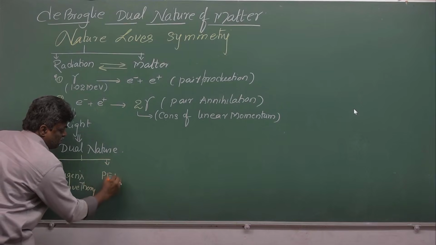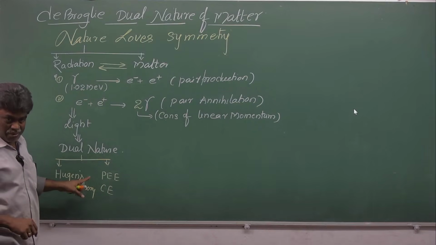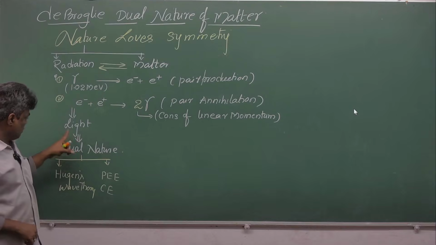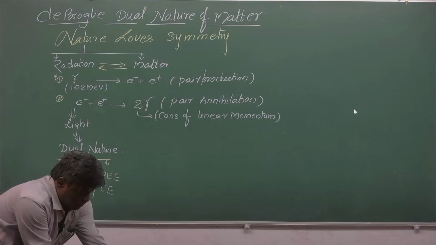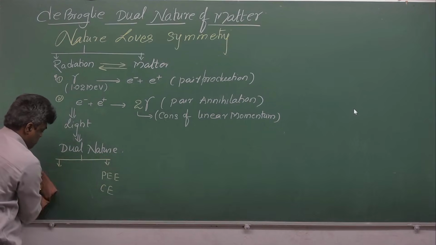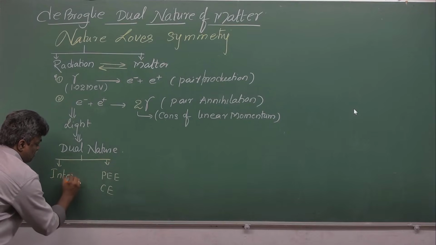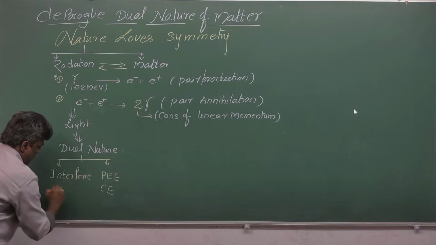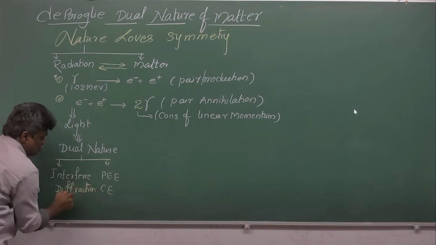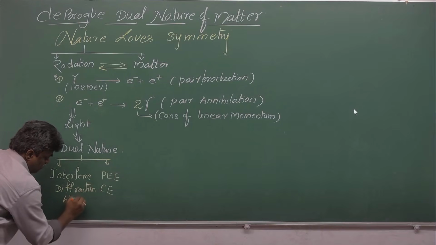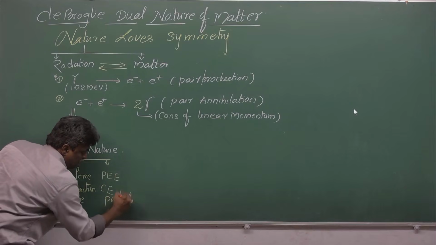Photoelectric effect and Compton effect confirmed the particle behavior of light. Is that clear? Good. Or else I will write like this: from interference and diffraction, you can confirm which nature? Wave nature. From the photoelectric and Compton effects, which nature? Particle nature.